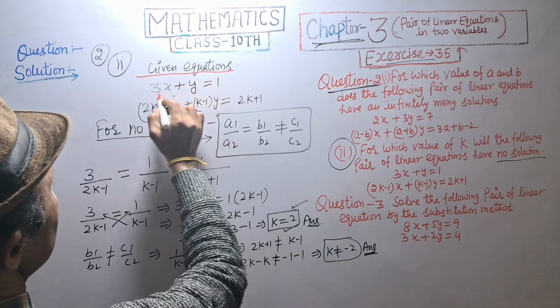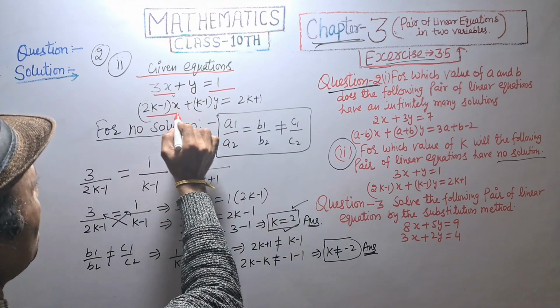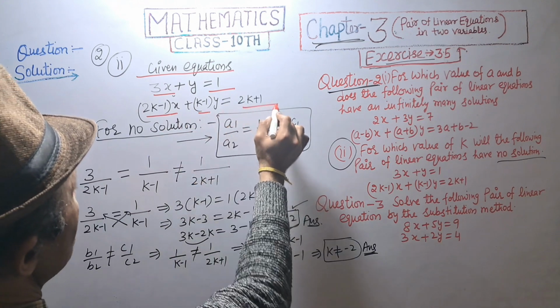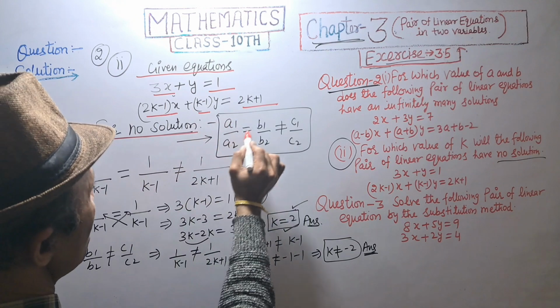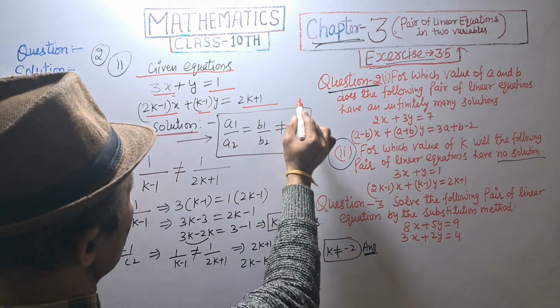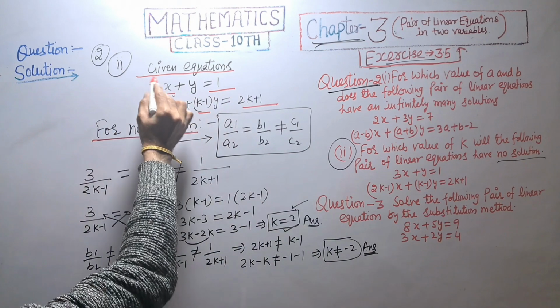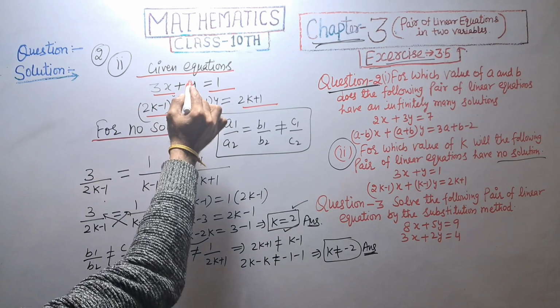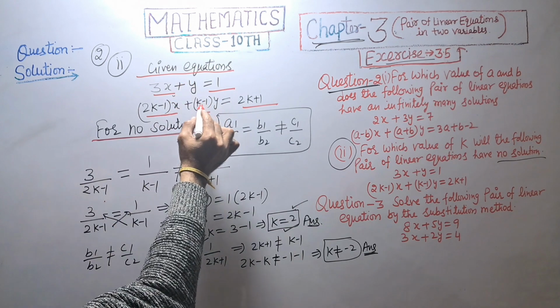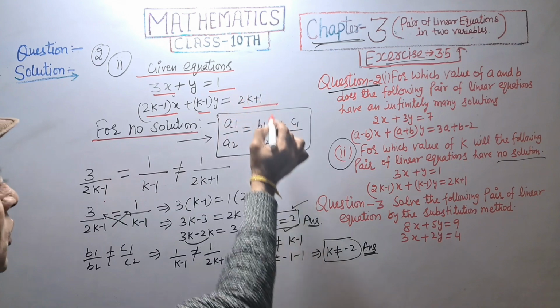Given equations 3x plus y is equal to 1, 2k minus 1 x plus k minus 1 y equal to 2k plus 1. For no solution, a1 upon a2 equal to b1 upon b2 but not equal to c1 upon c2. A1 is 3 and a2 is 2k minus 1. B1 is 1 and b2 is k minus 1. C1 is 1 and c2 is 2k plus 1.